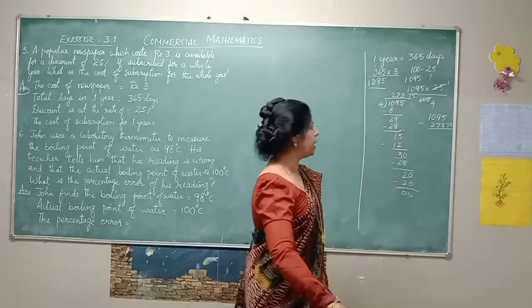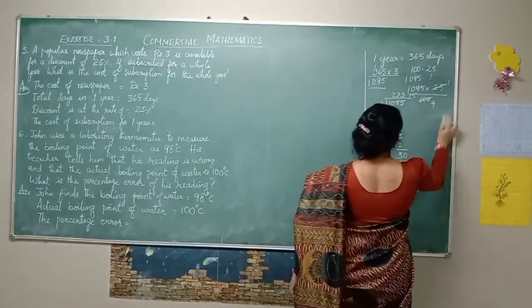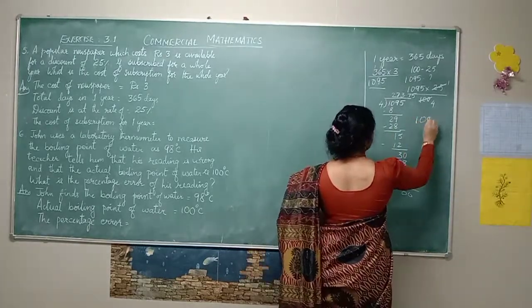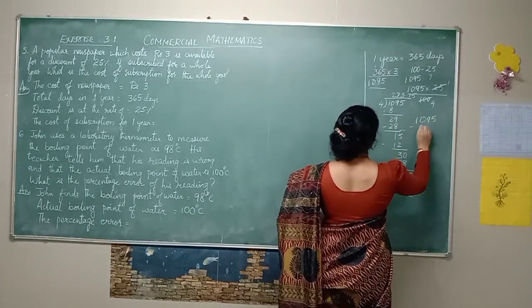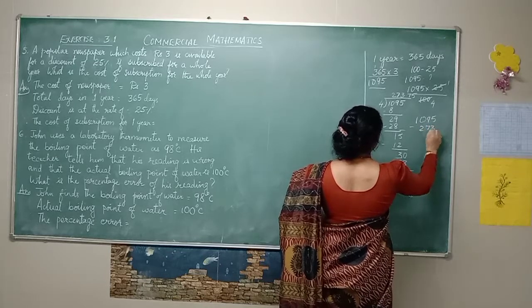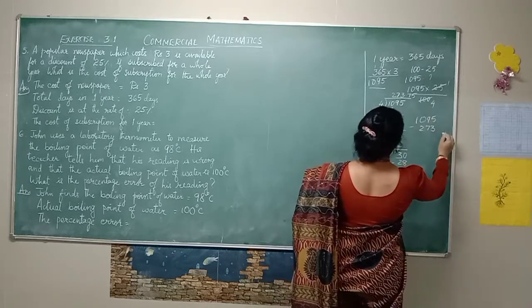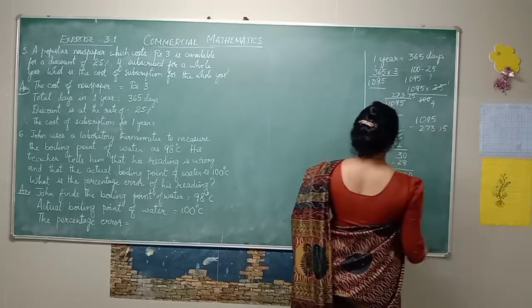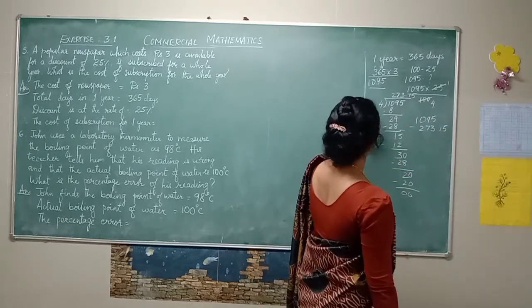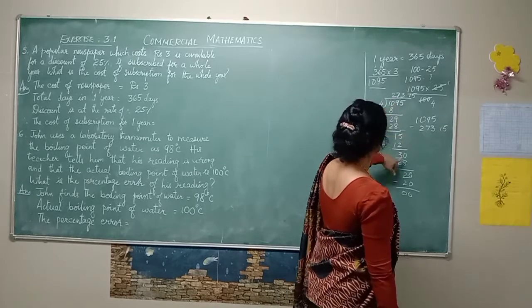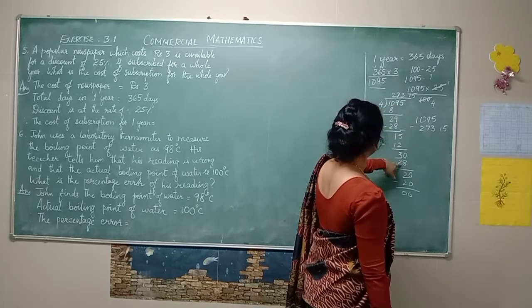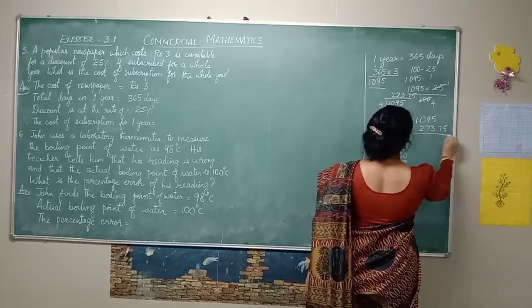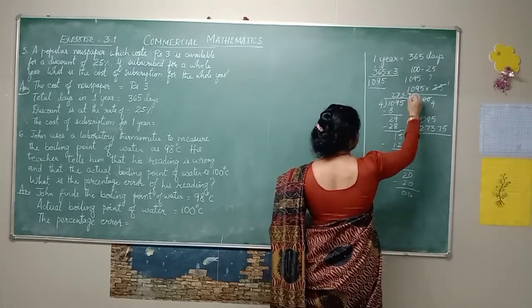Okay, so 1095 minus 273 point 75 paise. So how much does it come out to?